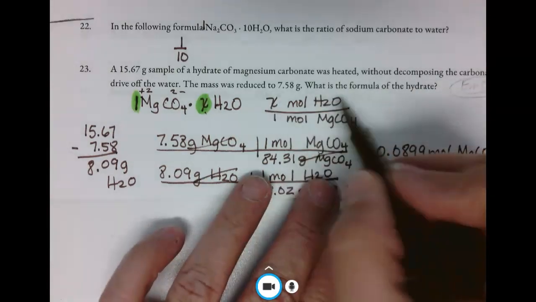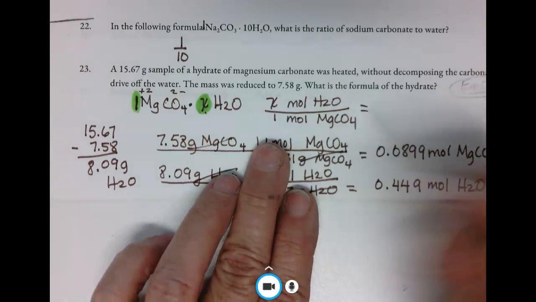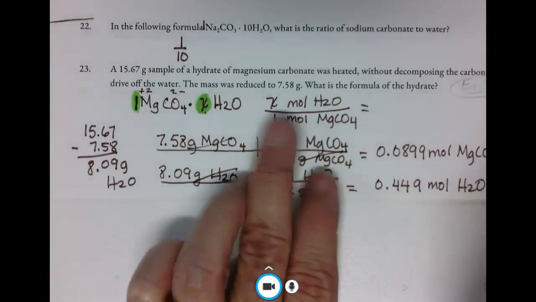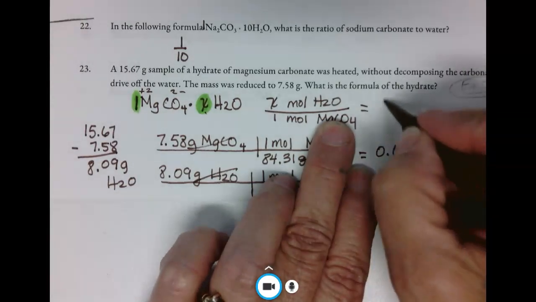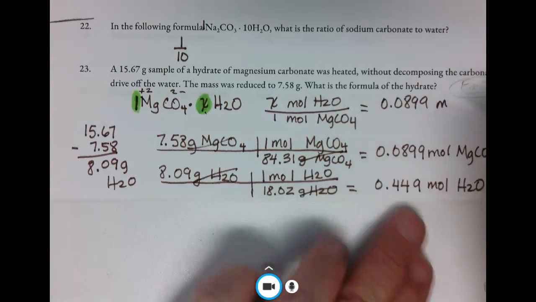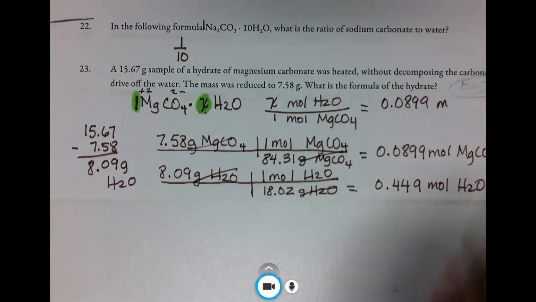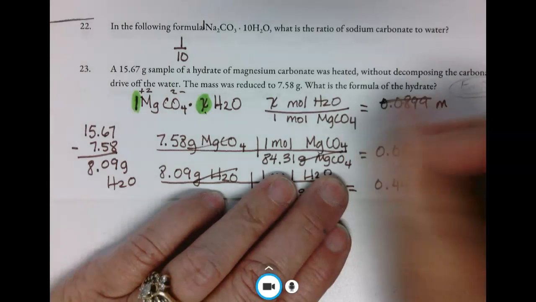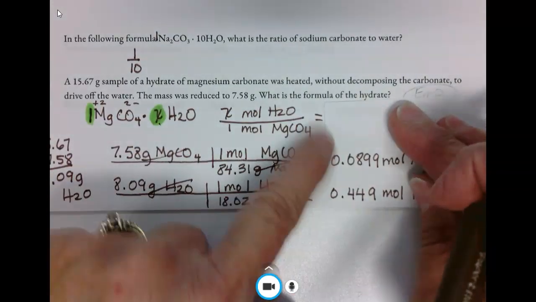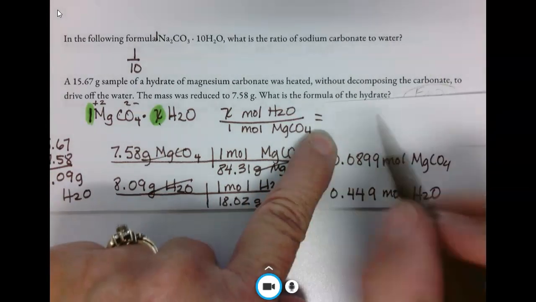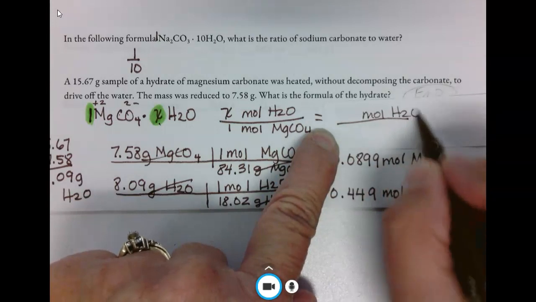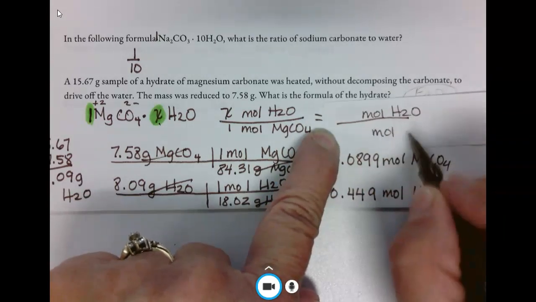It didn't matter which way you wrote this. We could write this as a ratio, and put this as my moles. Whoops, I got that backwards. Let me back up. So what we do is come up here and put this again as moles of water over moles of magnesium carbonate.